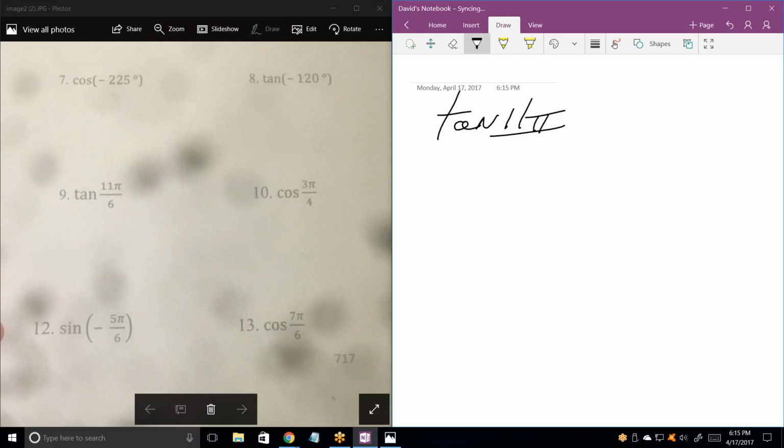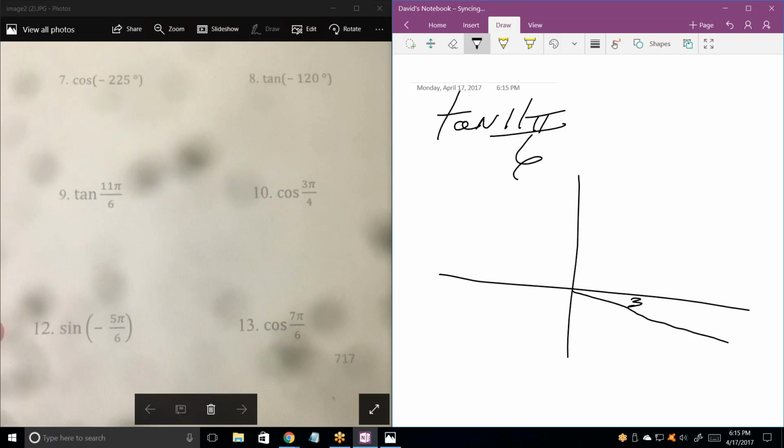Now, tangent of 11 pi over 6. Have you gotten to the point yet where you can think in radians, or are you more comfortable converting everything to degrees? Somewhat. I know where 11 pi over 6 is. Work in radians. The sooner you can get there, the better. So you'd go completely around, except you stop 30 degrees before 2 pi.